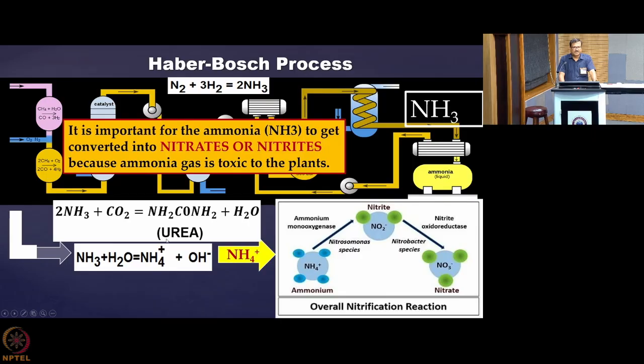This is the kind of setup people use. And this ammonium ion comes when NH3 and H2O interact, and this ammonium ion is then taken by the nitrifying bacteria, which form the nitrate. So this is the overall nitrification reaction.